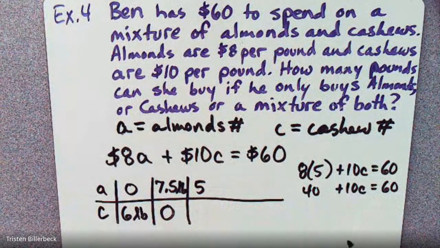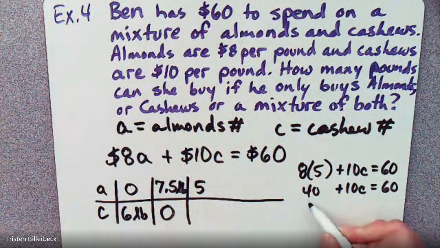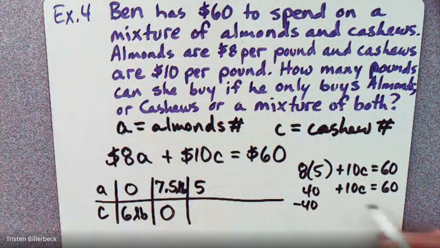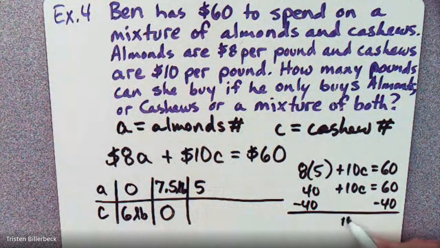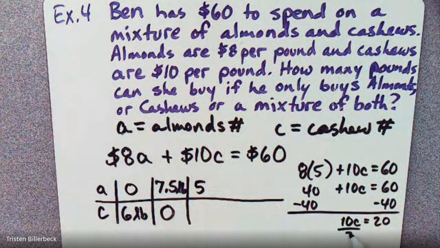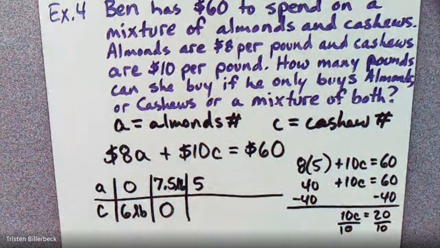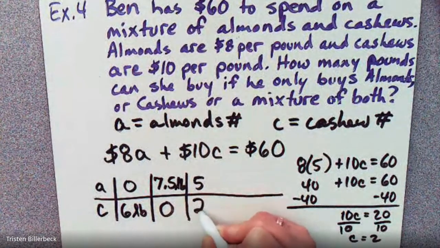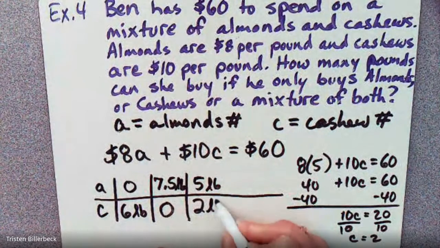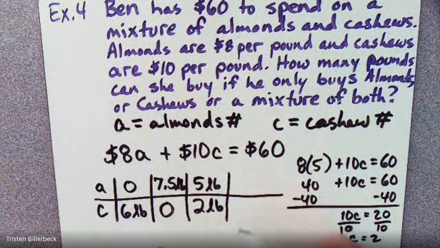We subtract 40 from both sides and get 10C equals 20. Divide by 10, and cashews equals 2 pounds. So with 5 pounds of almonds, we can buy 2 pounds of cashews.